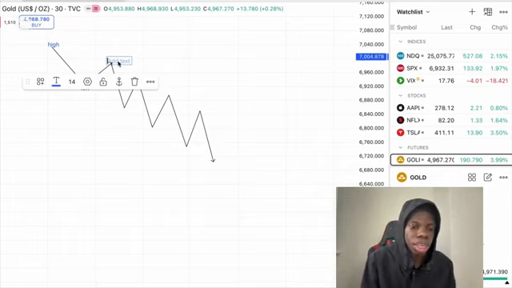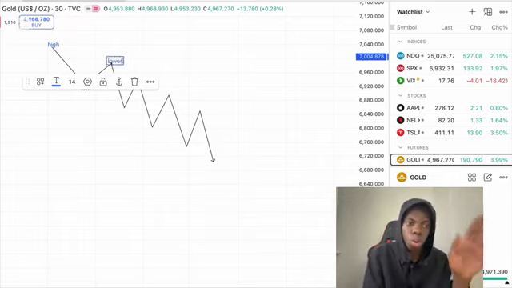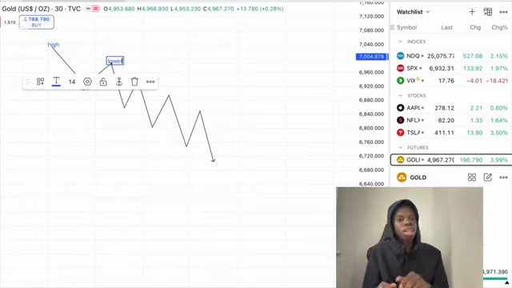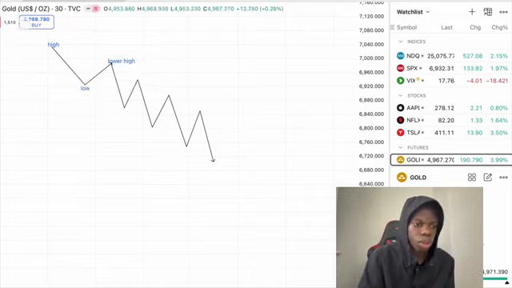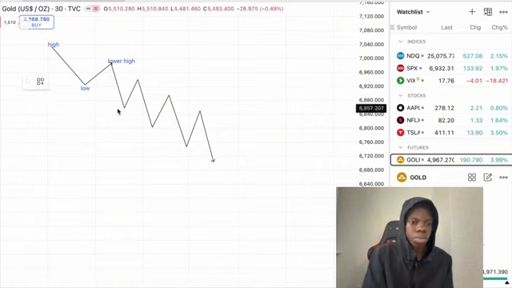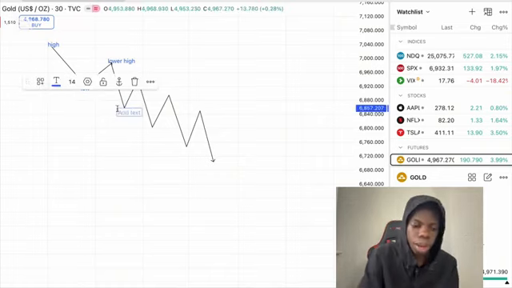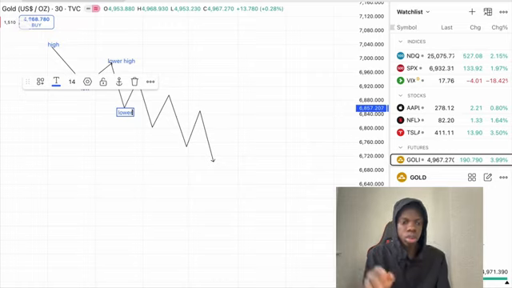So now I'm going to name here my lower because it's lower than the previous high. So instead of saying lower than previous high, I'm going to just say lower high. Then what do we call this down one? Lower, because obviously down is a low. We'll name it lower low.